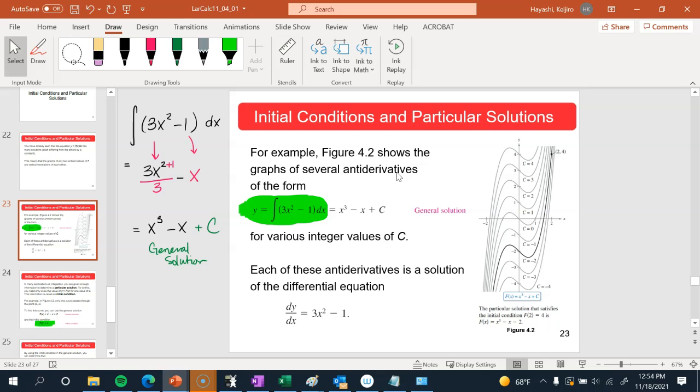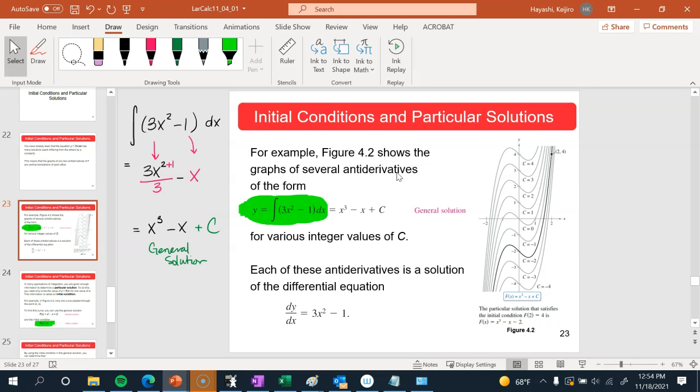And the member of that family that satisfies that initial condition is the member where the constant at the end is a negative 2. So with an initial condition, you can go from having a general solution to having a specific or particular solution, because no longer will the entire family of solutions be good enough. Only one member of that family will be.